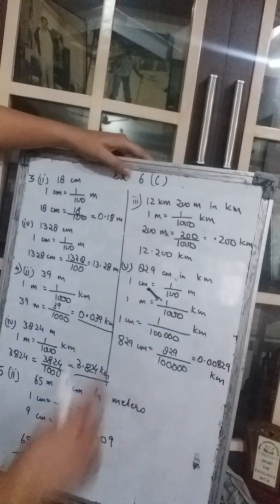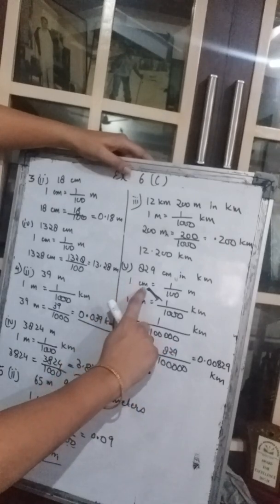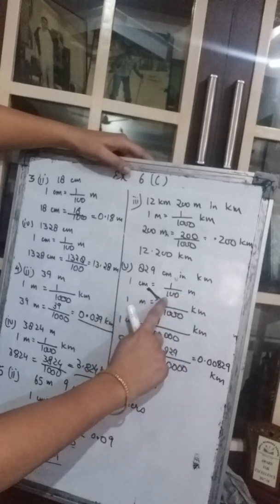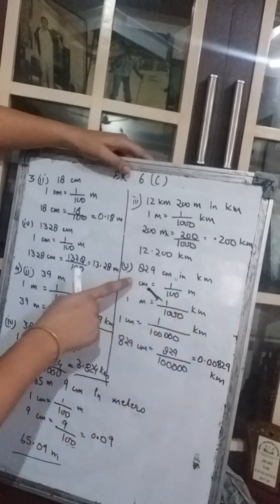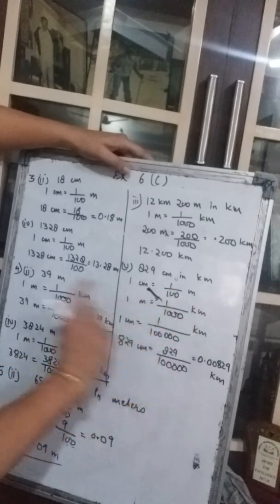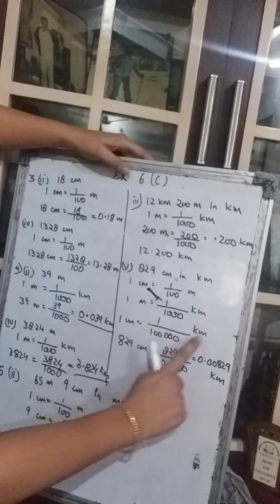Got it? Why have we added all these? Because this 1 centimeter was equal to 1 upon 100 meter, and 1 meter is equal to 1 upon 1000 kilometer. We have to go from here to here, so we will add all these zeros. So it is equal to 1 upon 1 lakh kilometer.